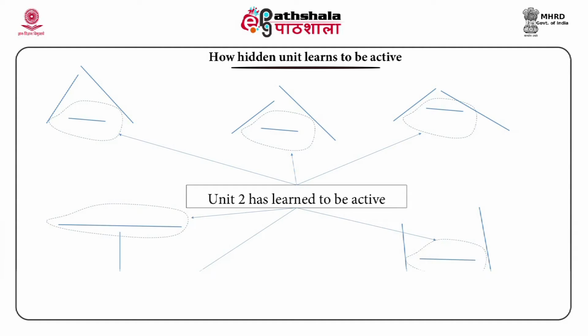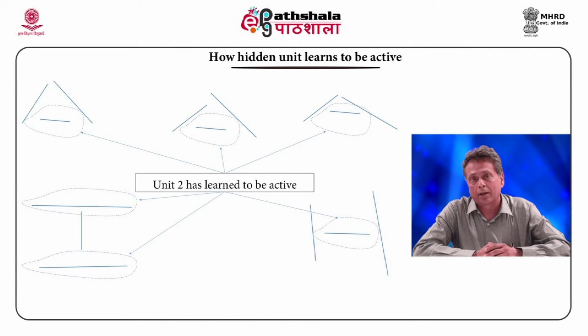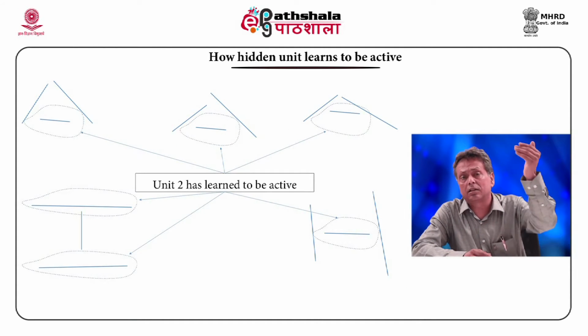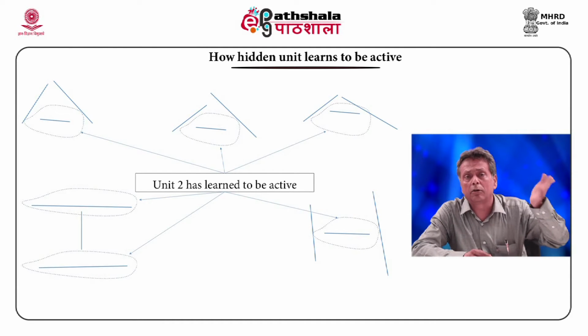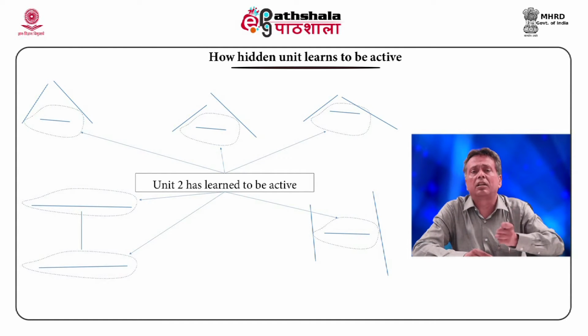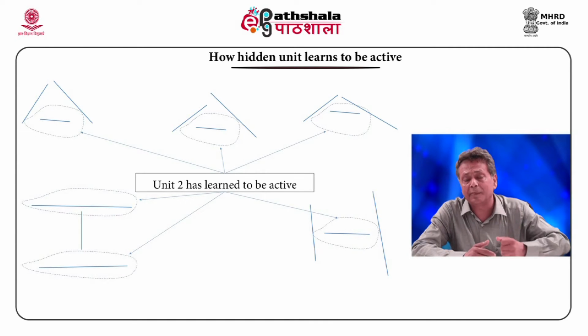One more hidden unit learns to become active when a line going down from left to right is present. The third unit will learn to become active when the horizontal line is present. You can see in the second slide that the hidden unit which learns to be active when there is a horizontal line also learns to be active when there is I and there is H. Okay. So, it is possible that different hidden units learn to remain active when there is a typical feature present in the image.